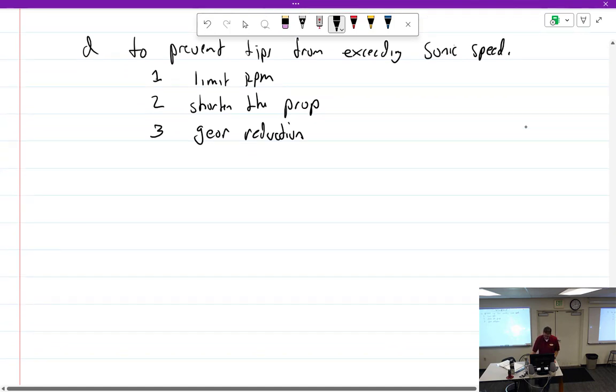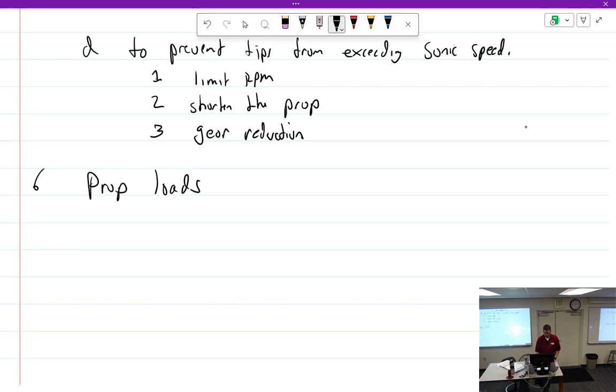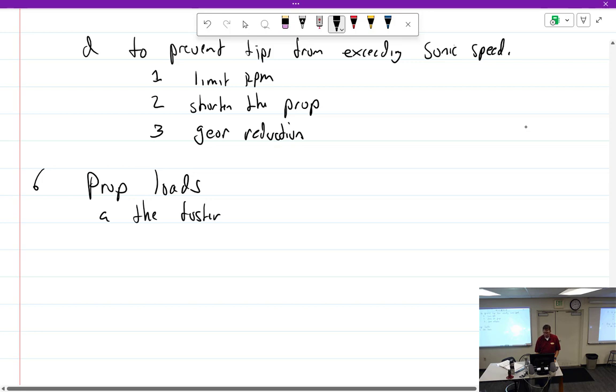Let's see. Propeller loads. Propeller load. Let's see. I thought this was interesting. The faster the prop turns, the more power it absorbs, or uses.